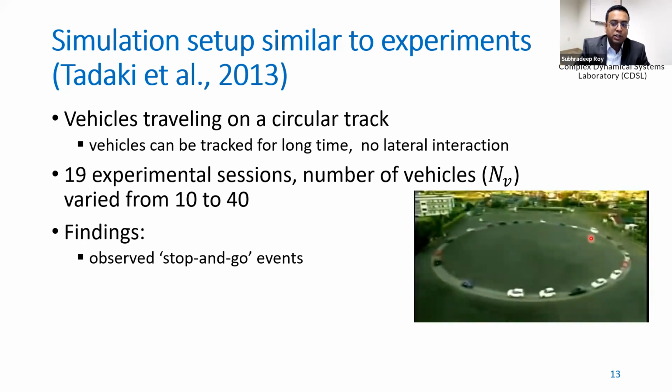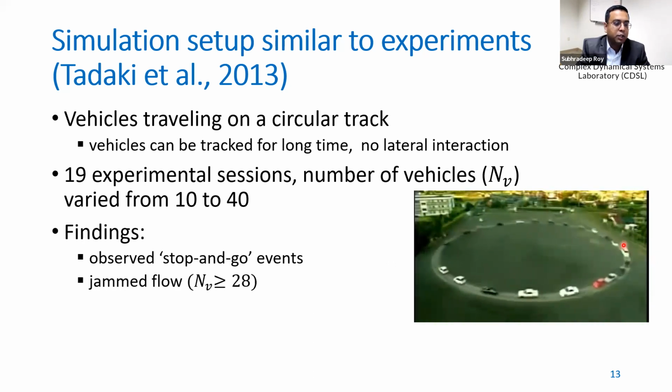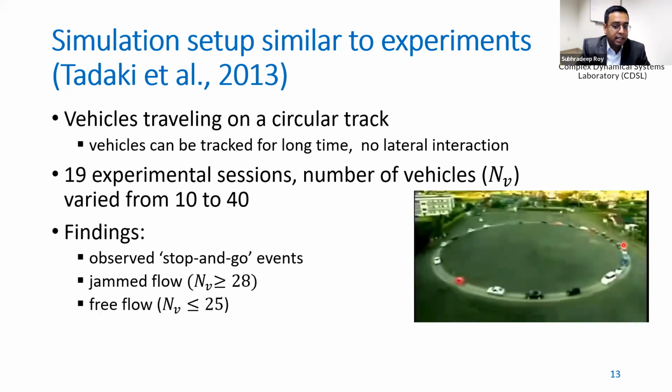That gives rise to phantom traffic jam formations. This was observed to happen when we have a number of vehicles greater than or equal to 28. When we have a number of vehicles less than or equal to 25, there's no occurrence of those stop and go events, and those are termed free flow. So that was the main finding.